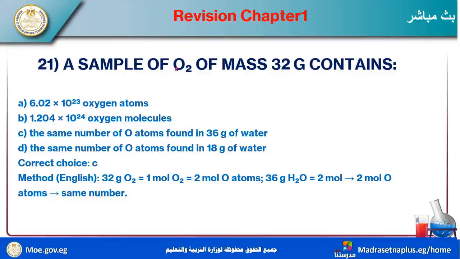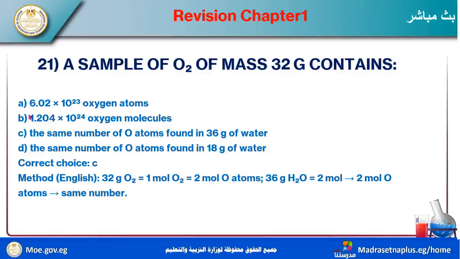Because the molar mass of oxygen is 32, when you use 2 times 16 equal to 32 grams. Okay, now this 1 mole equals 2 atoms, or 2 moles of atoms, 2 times 16 equals 32.